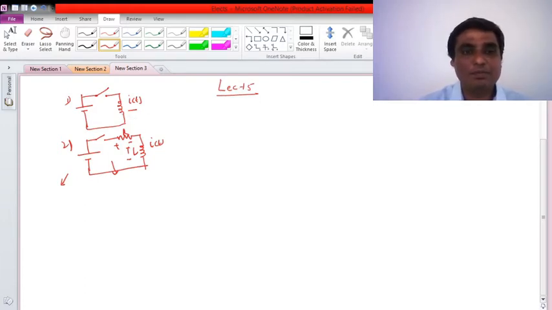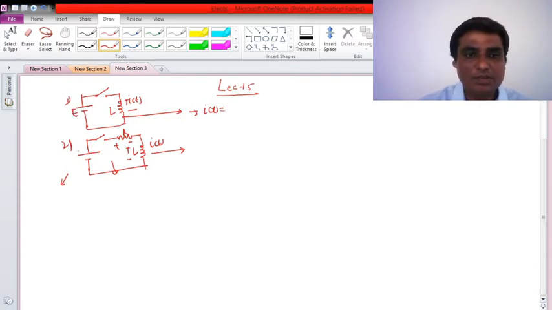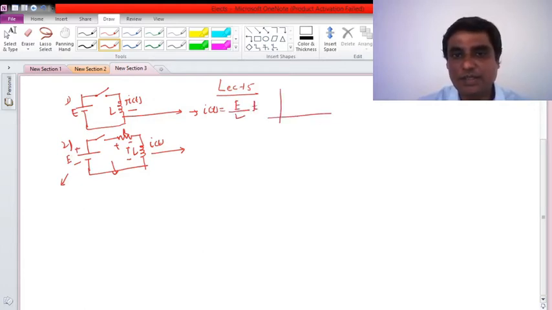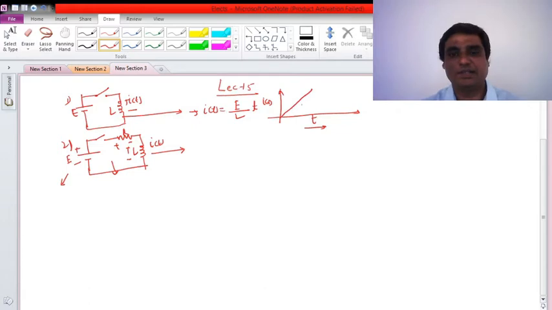Now next, let me compare these two networks. So this is L. What is the current behavior here? Let's say the value is E, and here also the value is E. Here it was E by L into T. If I draw the current through the inductor for circuit number 1, it is increasing linearly, right?